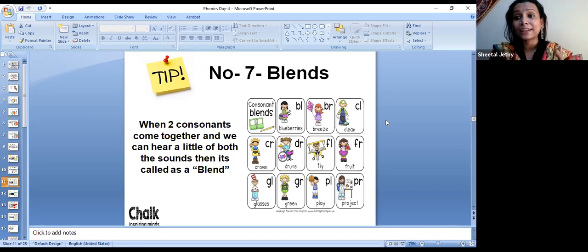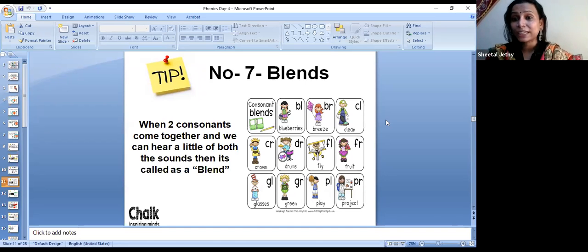As we said about CVC words, we start making CVC word families, the word families with consonant, vowel, and consonant. Similarly, we start making blend families with the children as well. Once we categorize a blend, we start making words which start with BL, BR, CL, and hence the number of words the child makes becomes higher.